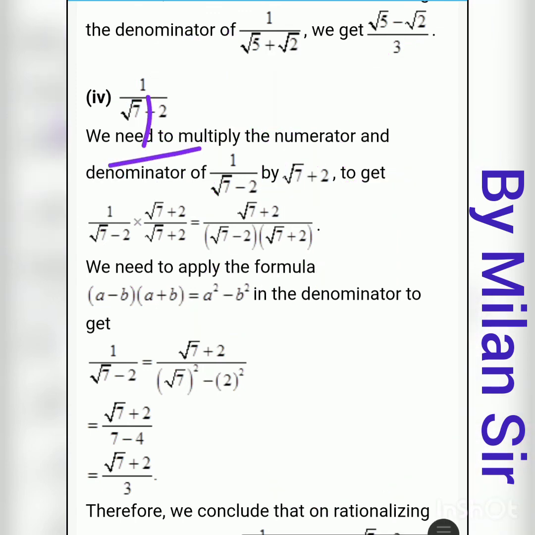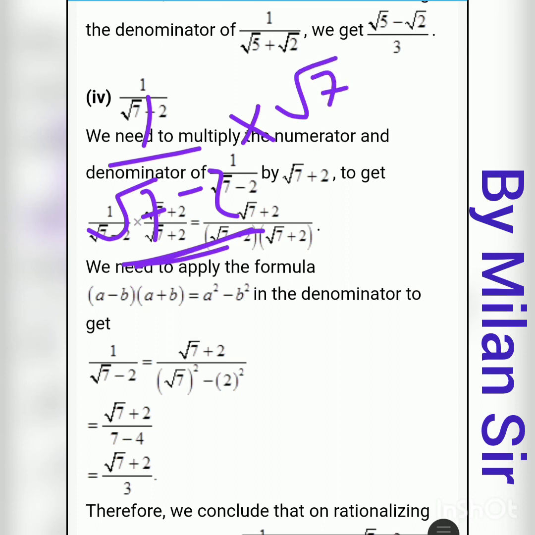Again I repeat this question: under root 7 minus 2. Here we need to take the same two terms, because we have two terms, so we need to write those two terms with different sign. Here negative sign is there, so under root 7 plus 2 divided by under root 7 plus 2.